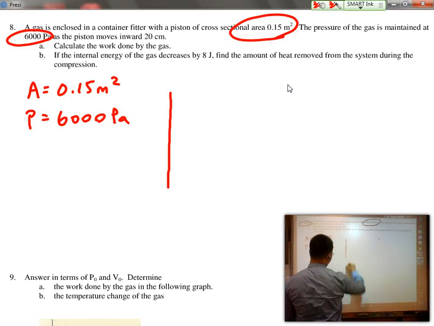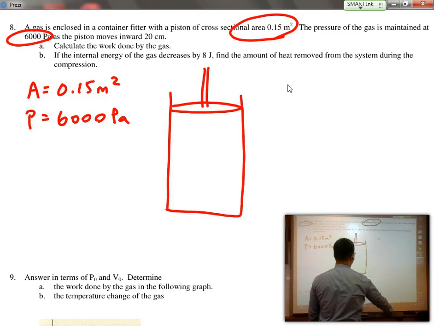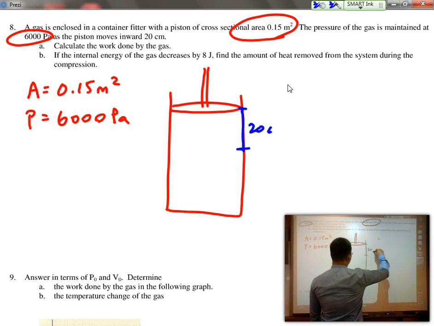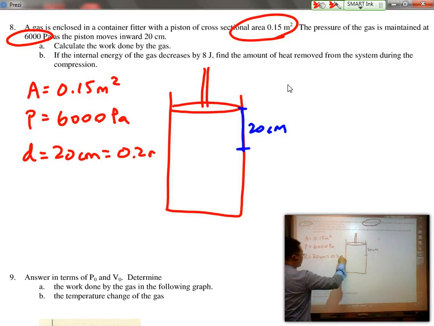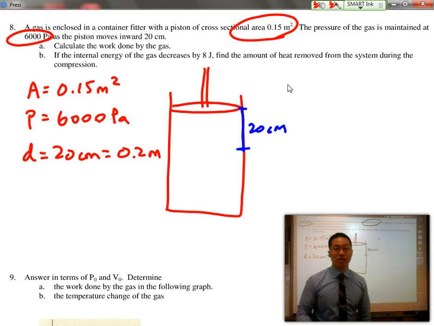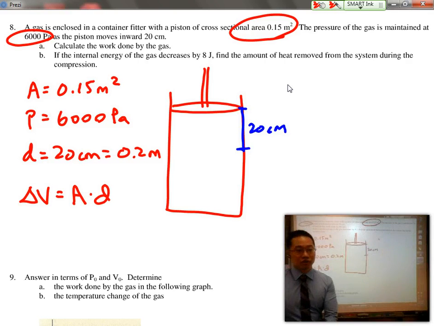So if you can imagine this, we have a piston moving downward 20 centimeters. Okay? And if we know that the distance it's moving down is 20 centimeters, or in other words, 0.2 meters, we can calculate what's the change in volume. Because the change in volume is simply equal to the area times the distance that it moved. So 0.15 times 0.2 is equal to 0.03 meters cubed.